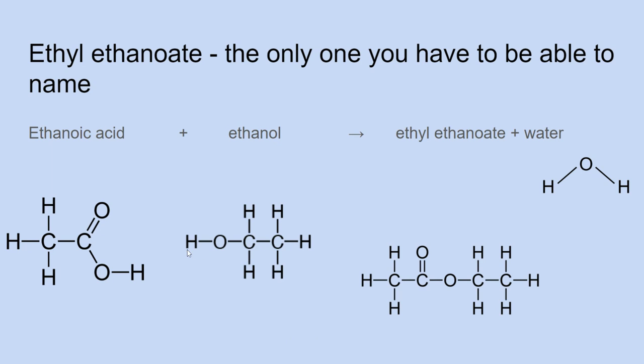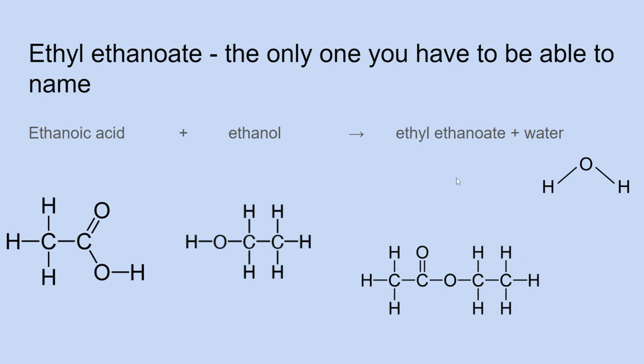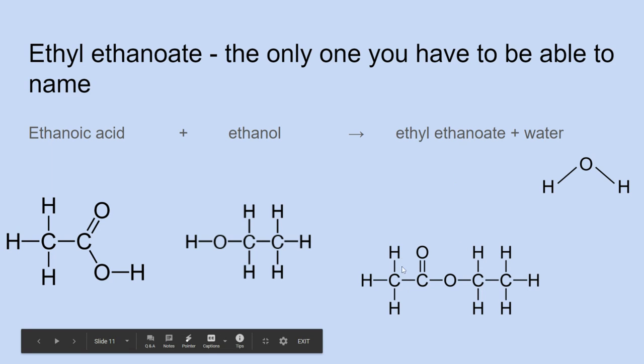Okay, our OH from our ethanoic acid and our H from our alcohol are going to join together to produce water, and we're going to be left with ethyl ethanoate. So we have our ethyl from our alcohol part, and we have our ethanoate from our ethanoic acid part. Okay, you need to be able to draw those structures, and this functional group is in the middle here.